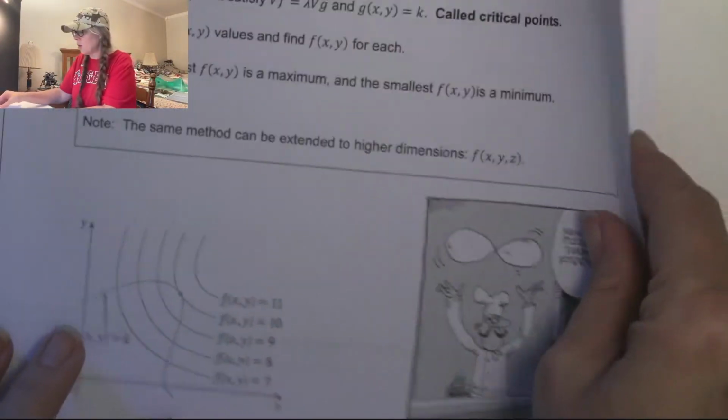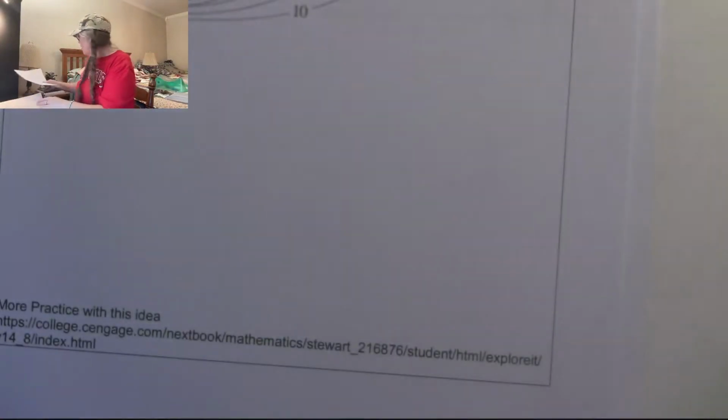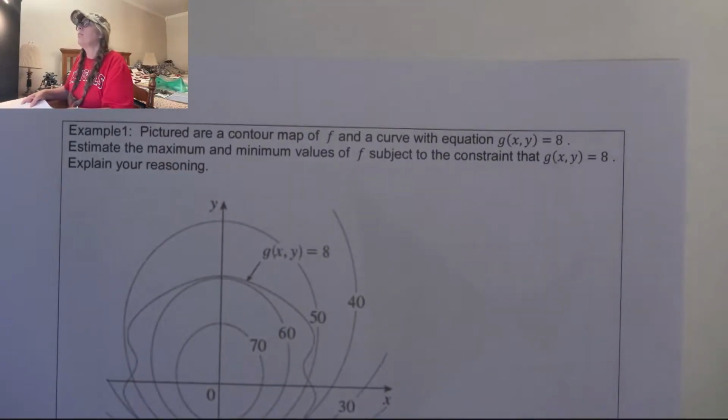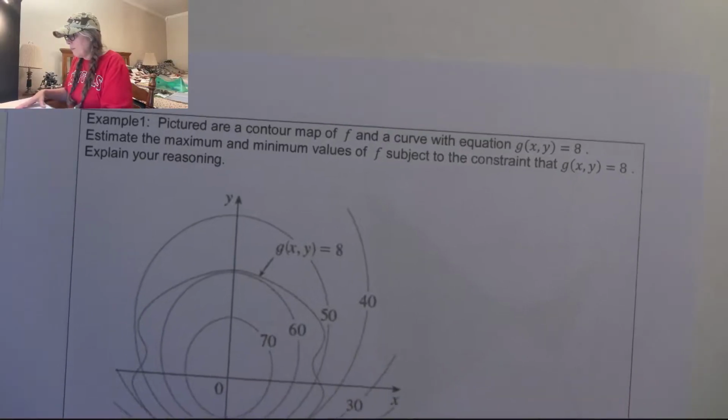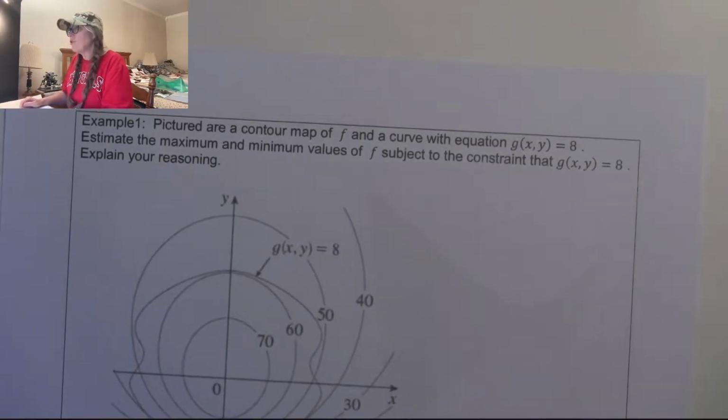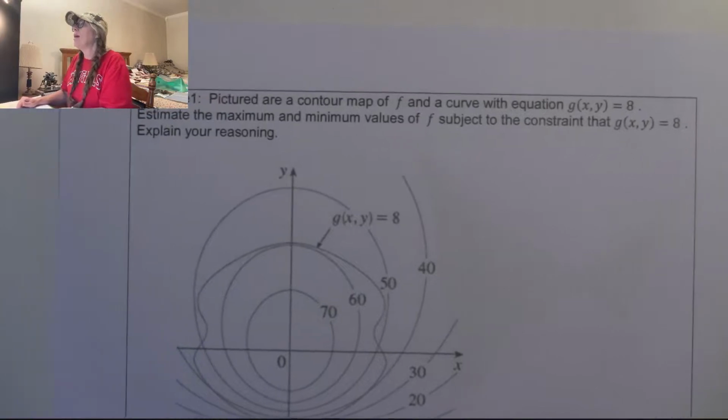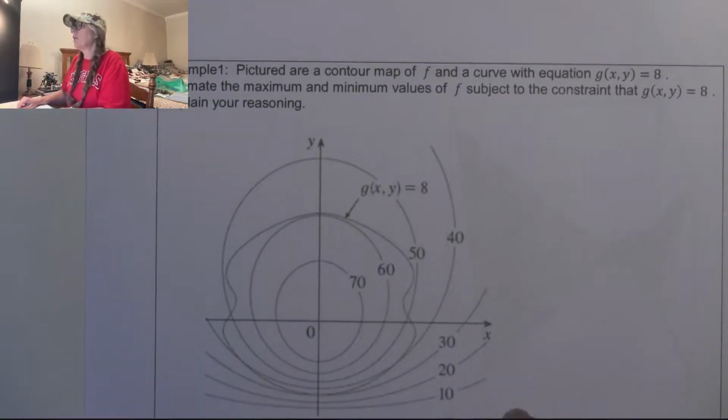And so here we're going to go through an example. This example is a picture. Pictured is the contour map of f, where for different values of k we've drawn the level curves: when k is 10, when k is 20, when k is 30.